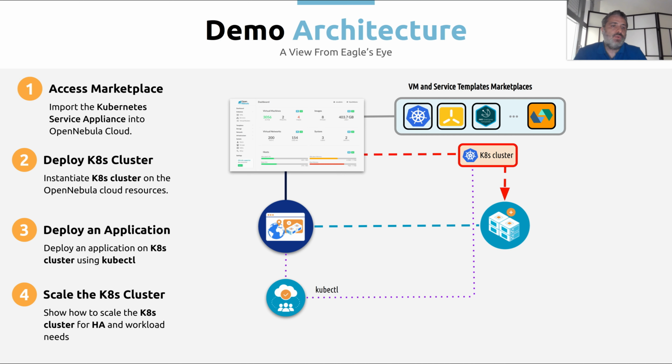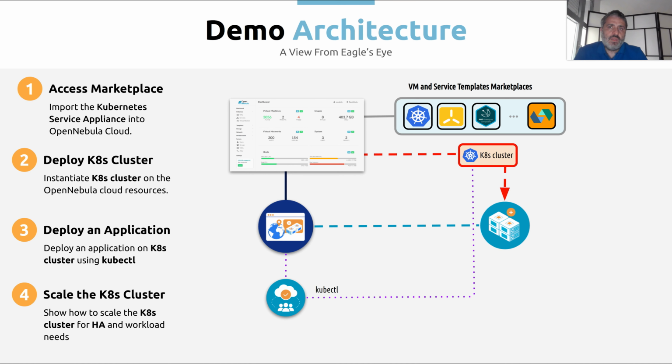The first step is how to import the Kubernetes appliance within your OpenNebula cloud environment from the OpenNebula public marketplace. The second step is how we can instantiate this appliance in order to deploy a Kubernetes cluster on some of the cluster resources that are available in your OpenNebula cloud environment.